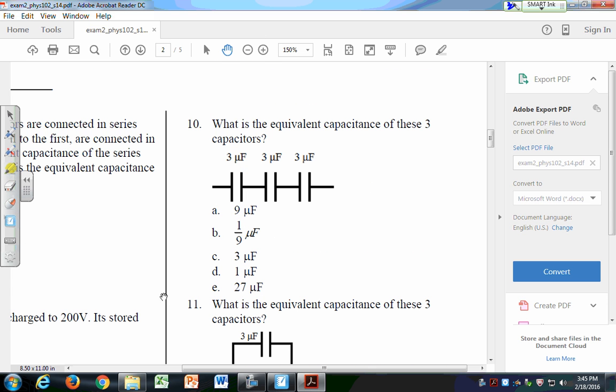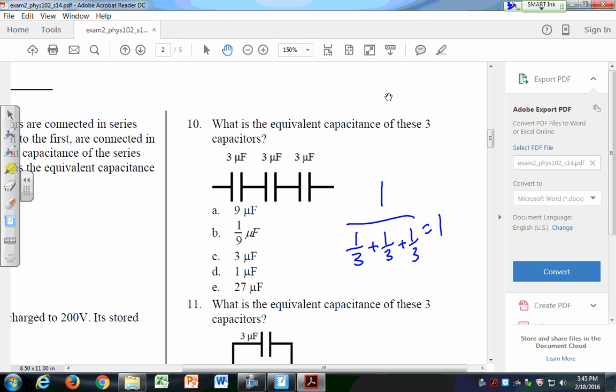What is the equivalent of these three capacitors? Three 3 microfarad capacitors in series? That's right, you know how to do it. Be confident in what you're doing. So it's 1/3 plus 1/3 plus 1/3, that's equal to 1.